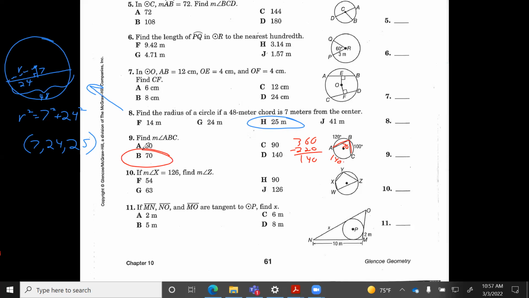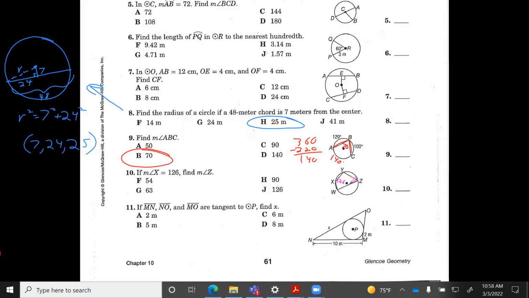All right, number 10. On that one, you have a measure of angle X. So this one, they gave us something different. X was 126. They want us to find angle Z. Well, what do they actually have on that diagram? They have a quadrilateral inscribed into a circle. Since we have a quadrilateral inscribed into a circle, the 2 angles that we're using here are opposite angles.